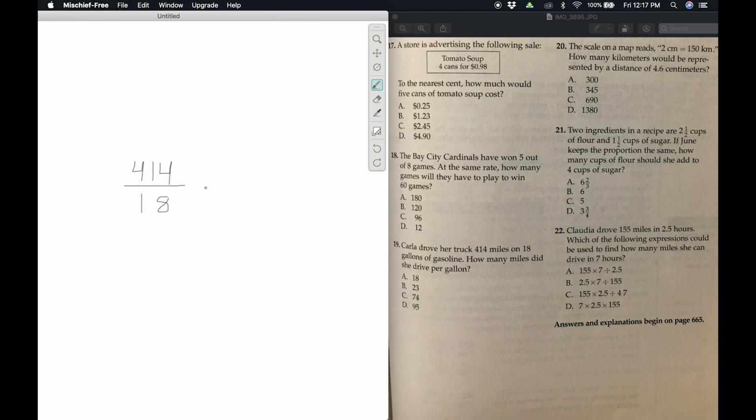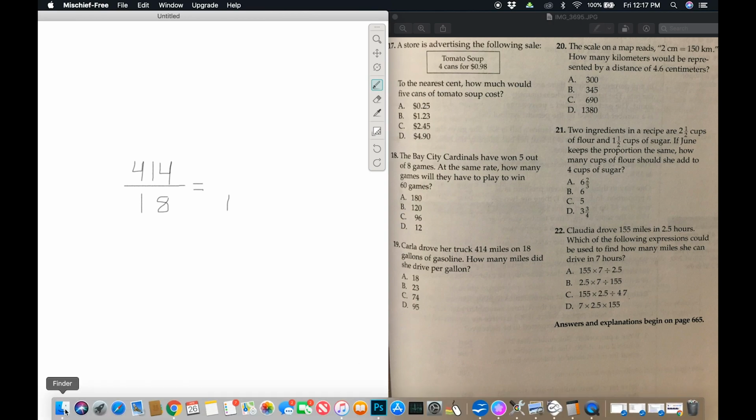So whenever you have this, so per gallon. Okay, so this amount per is 1. It says that over here too. Let me see if I can find it.